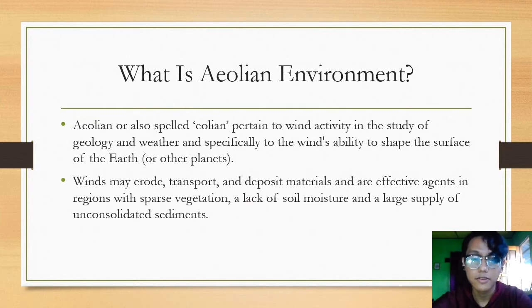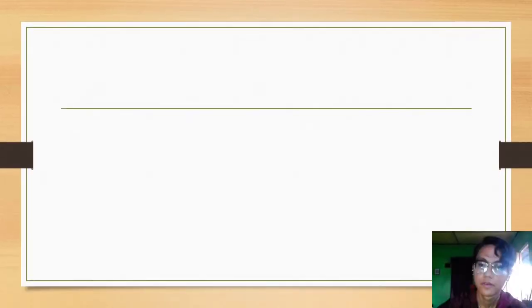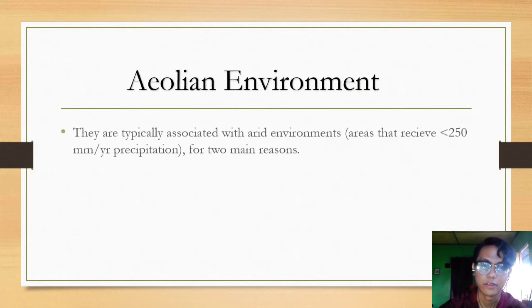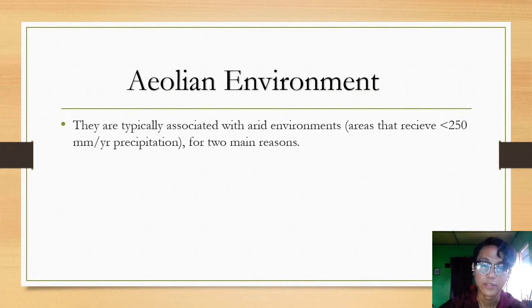Winds may erode, transport, and deposit materials, and are effective agents in regions with sparse vegetation, a lack of soil moisture, and a large supply of unconsolidated sediments. This will be discussed with the arid environment. They are typically associated with arid environments, which are areas that receive less than 250 millimeters of precipitation per year, for two main reasons.